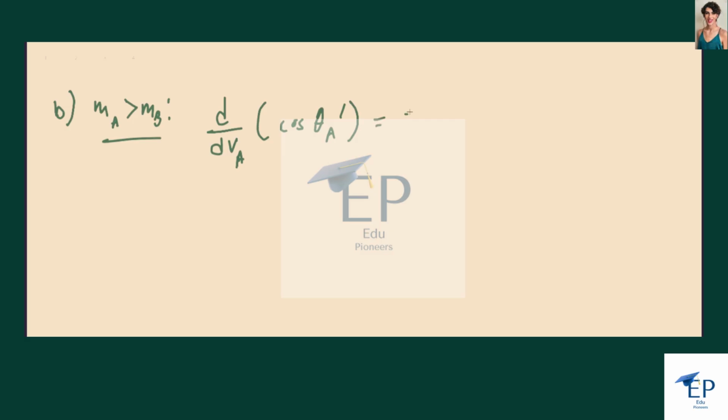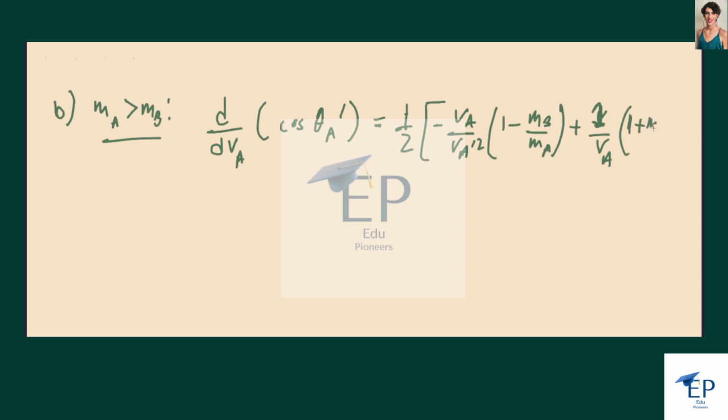And so the derivative, I'm just going to write it down here, is 1/2 times minus VA over VA prime squared times (1 minus MB over MA) plus 1 over VA times (1 plus MB over MA). And so that will be set to 0.